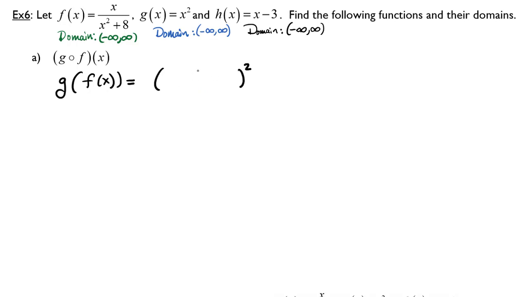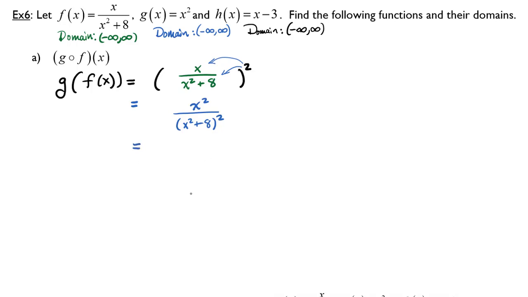And f of x is x over x squared plus 8. We could simplify this by writing this as x squared over x squared plus 8 quantity squared, because we can distribute this 2 as an exponent.